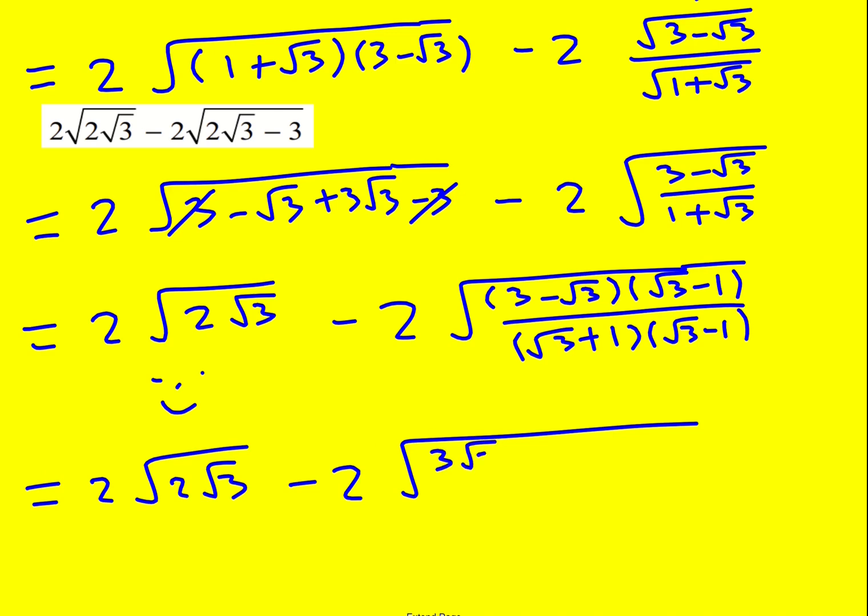Then I'm going to get 3 root 3 minus 3 minus 3 again, and then plus root 3 all over 3 minus 1.